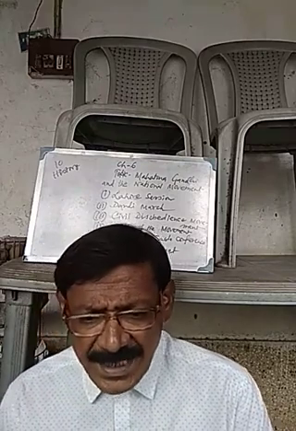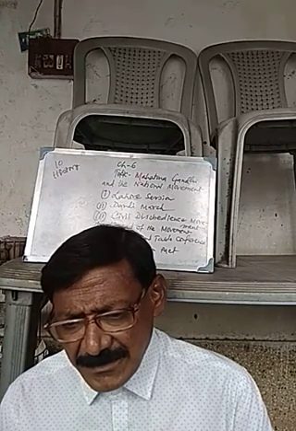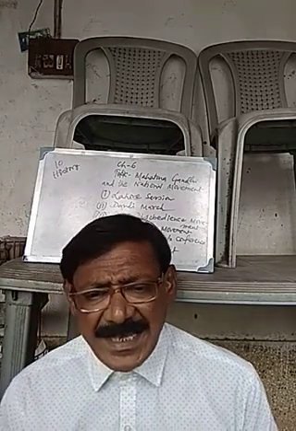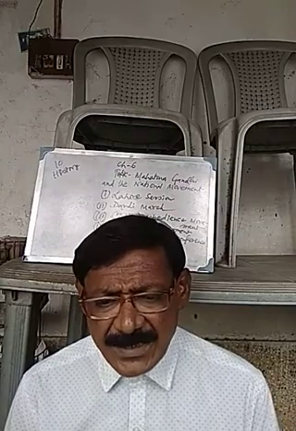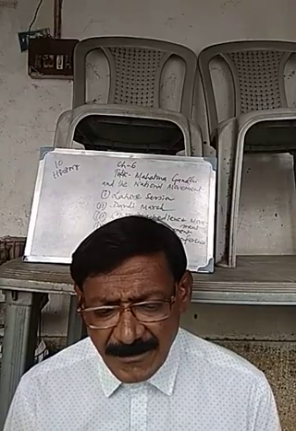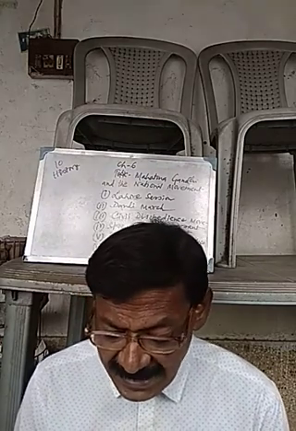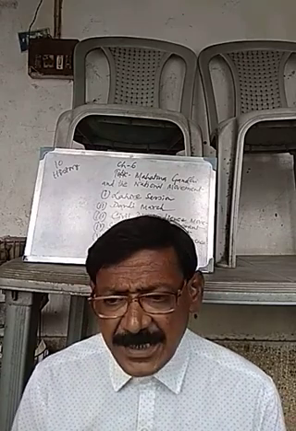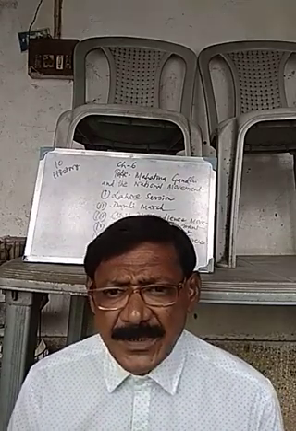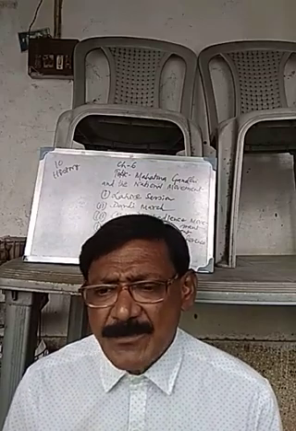Congress workers and many people would be freed from jail, and the British policy of repression, which was the most important allegation against the British by the Indians, would be stopped. The British would stop the repressive policy.